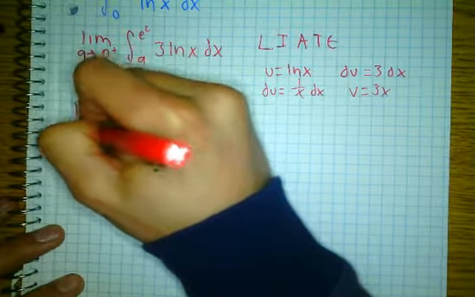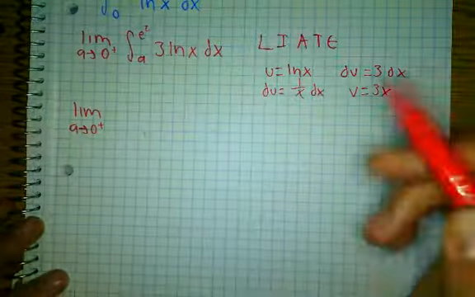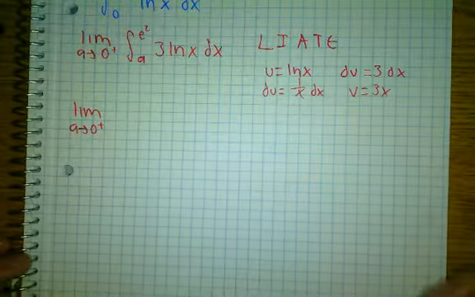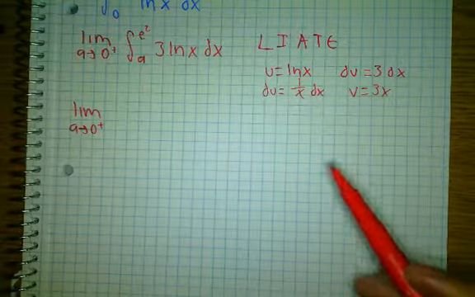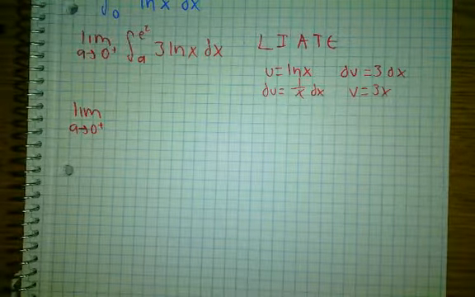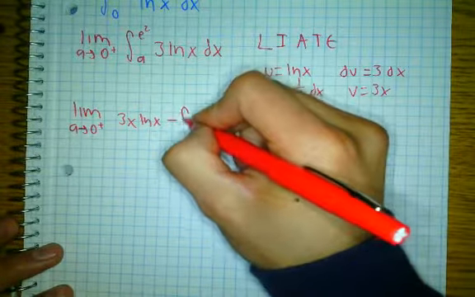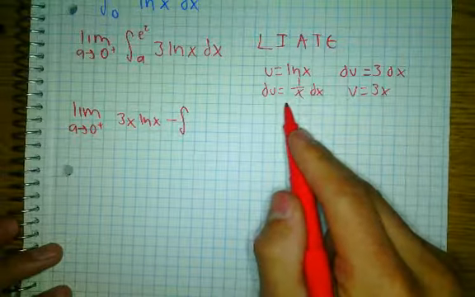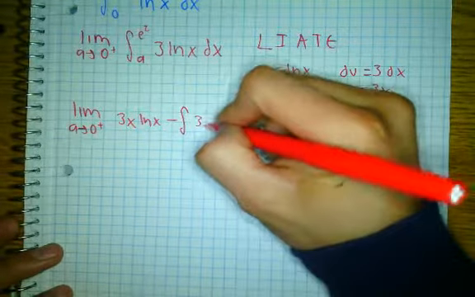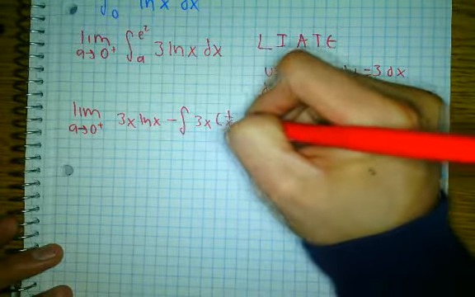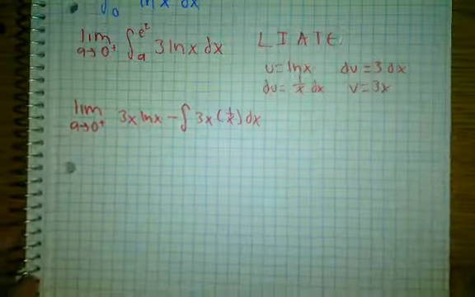So here's where I'm at. The limit as a approaches 0 from the right. We're going to integrate this. It's u times v, so it's 3x ln x minus the integral of v du, which is 3x times 1 over x dx.